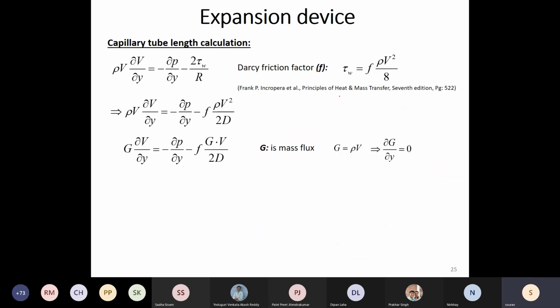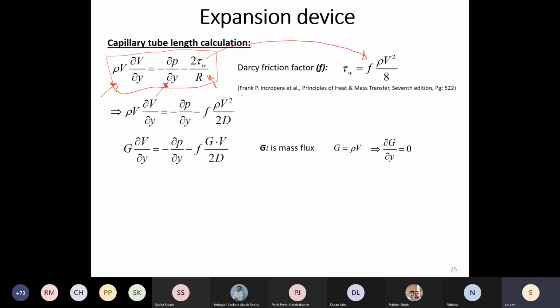Okay. So this is the momentum balance equation. You will see this is the inertial term, this is the pressure gradient term, and this is the viscous term. Okay, this tau W is this expression.